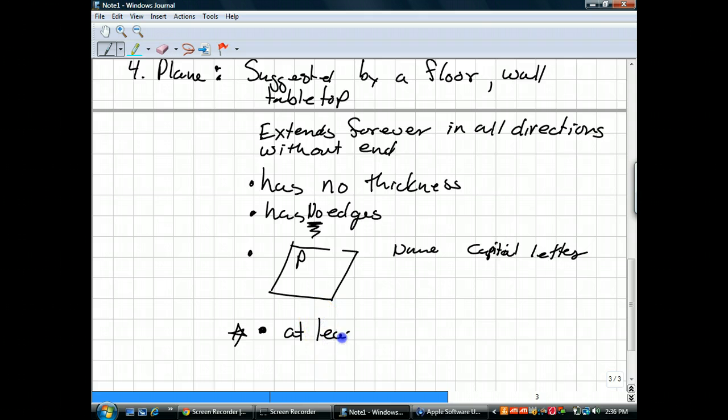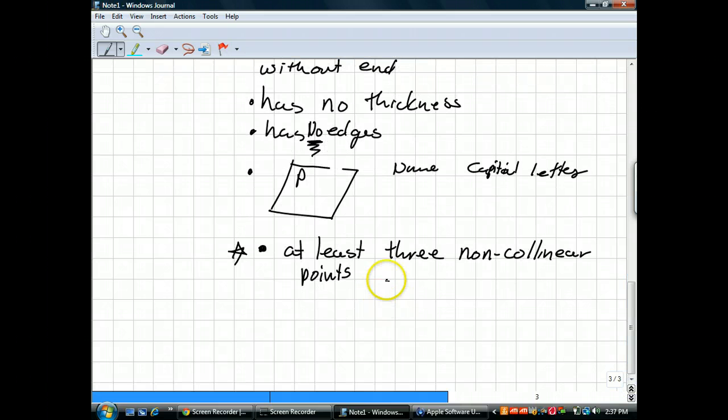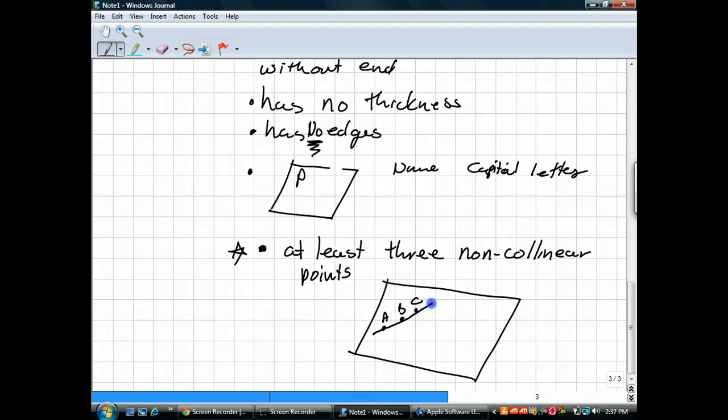At least 3 non-collinear points. Non-collinear means that we cannot, without lifting our pencil, draw a straight line. So if I have points A, B, and C, all of those are on a straight line, so those are collinear.